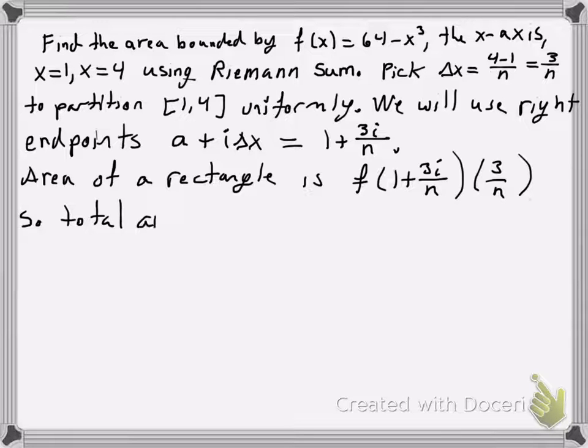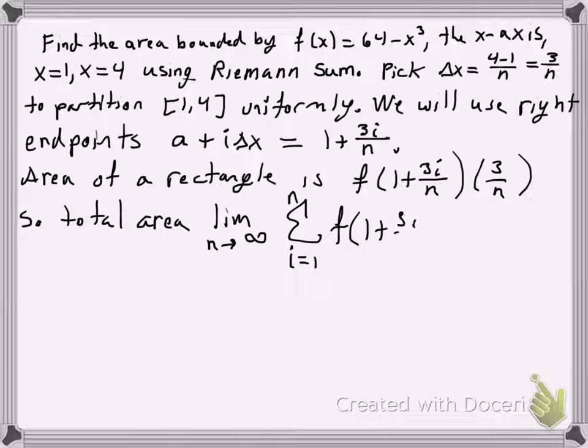The total area is defined to be the limit as n goes to infinity. We're using a nicer partition, so it's not necessarily the norm going to 0, though it is going to 0. We have a more concrete partition here of i equals 1 to n, and then f of 1 plus 3i over n times 3 over n.